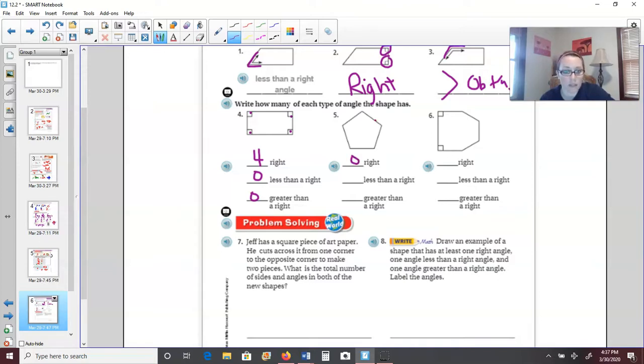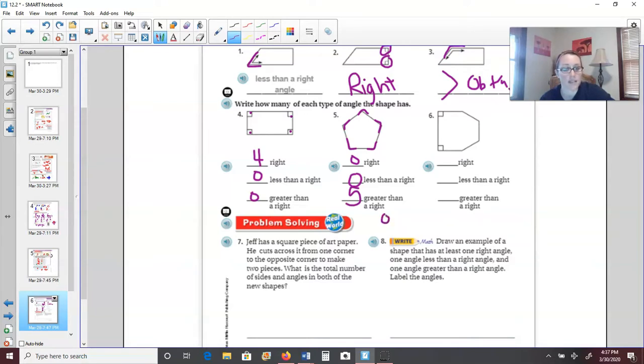When we look at these angles, look at them. They are opening up wide. Look carefully. Sometimes it looks like a perfect corner, but they're opening up wider. All 5 of them are. I'm going to say 0 that are less than a right angle. All 5 of those are greater than a right angle, which means they are obtuse.